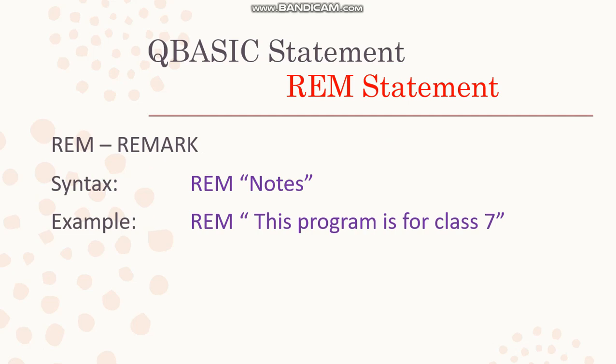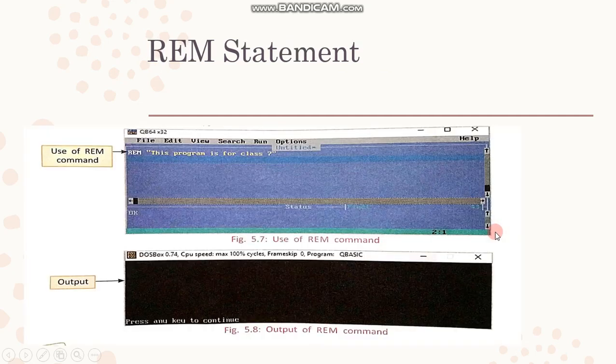Syntax: REM, double quotes, notes. You write the notes in double quotes. For example, REM "This program is for class 7". You see the output. The blue colored window is the editor window.